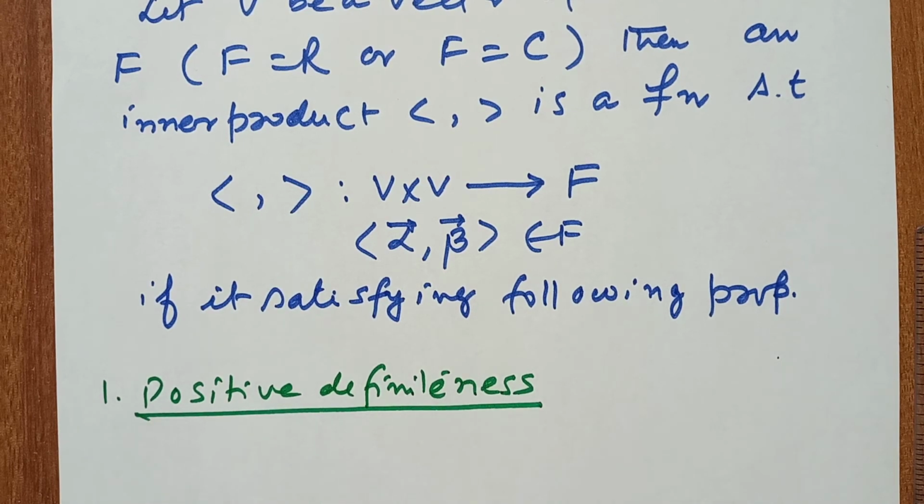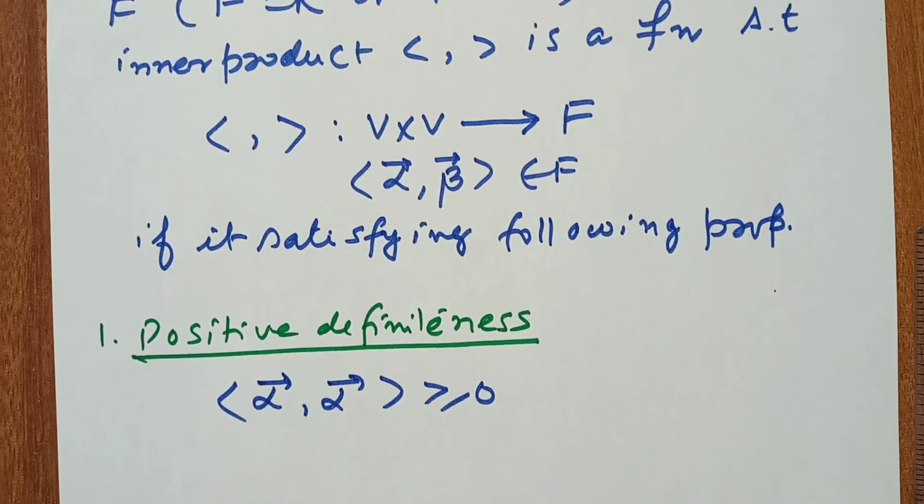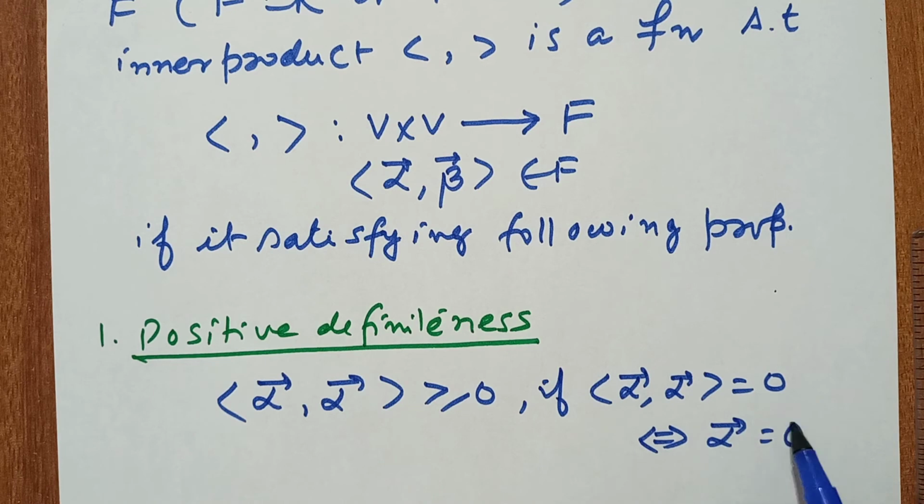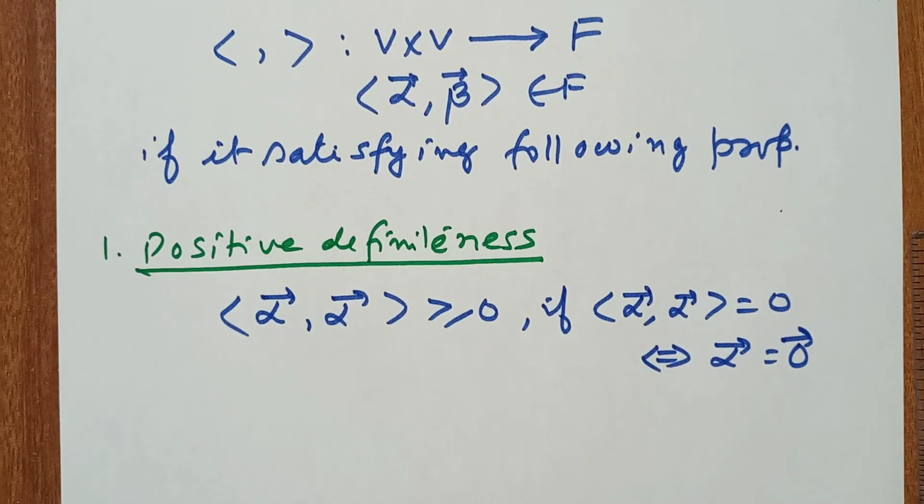Positive definiteness means for any alpha in V, the inner product of alpha and alpha is greater than or equal to 0, and the inner product of alpha and alpha equals 0 if and only if alpha equals 0. So this is the first property.